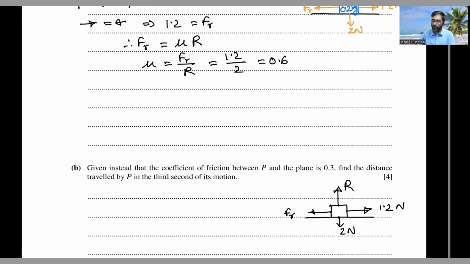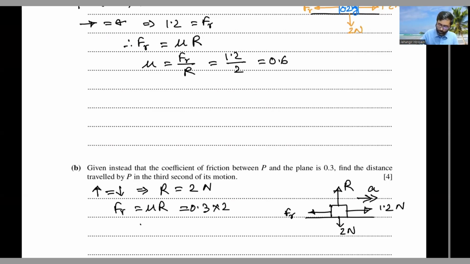Same figure, but this time since mu is reduced, it will accelerate. So you need to calculate the reaction first. Reaction is 2 Newton, then find the maximum friction, which is mu R. Mu this time is 0.3, R is 2, so this is 0.6 Newton.